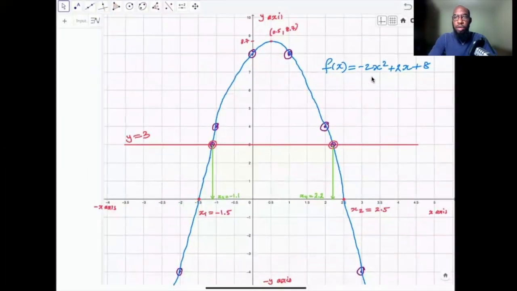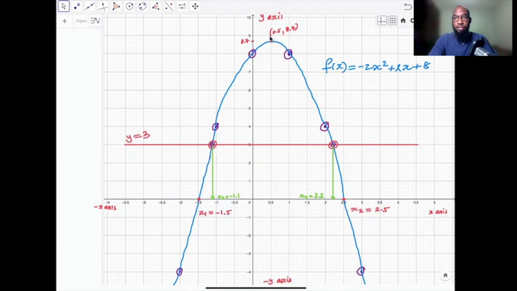So make sure your graph is labeled correctly. This is a curve here, and this is a straight line here. The points of intersection are x3 and x4. When f of x equals 0, we have x1 and x2, and we have our maximum here.